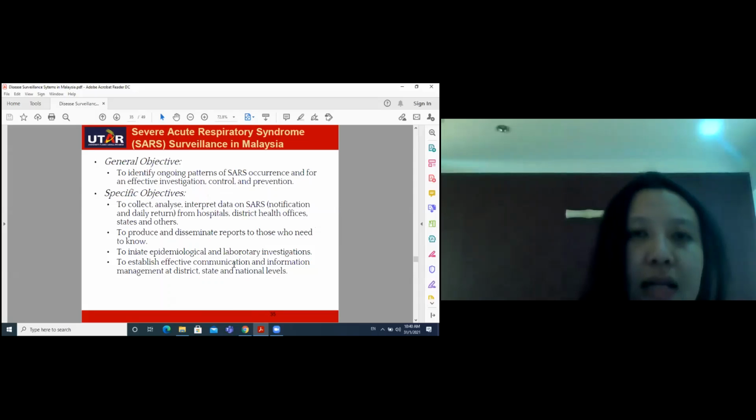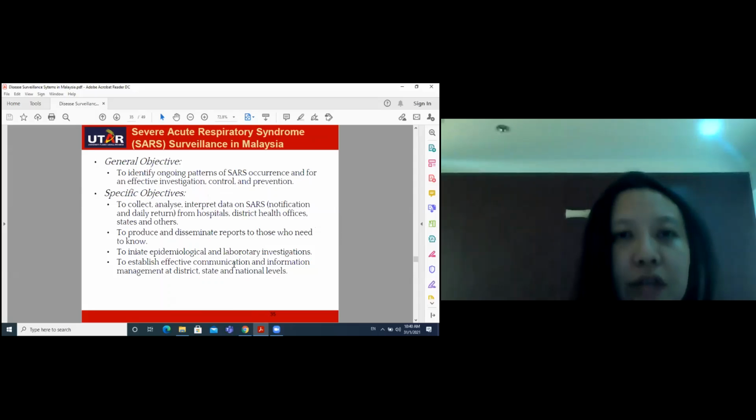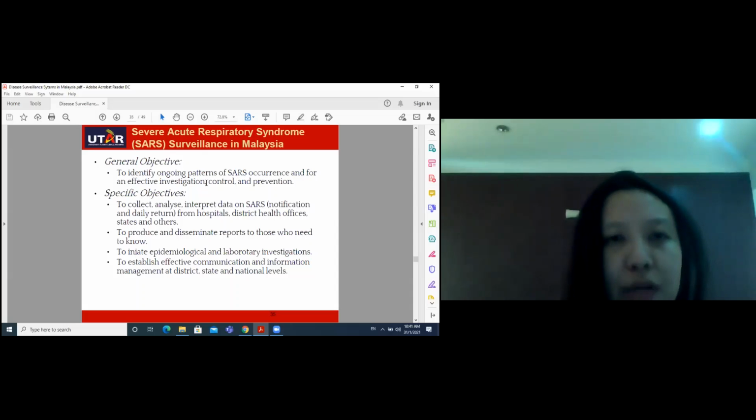One of the case examples that I will discuss here is the severe acute respiratory syndrome, SARS, surveillance in Malaysia. The general objective of this SARS surveillance is to identify ongoing patterns of SARS occurrence for effective investigation, control, and prevention.